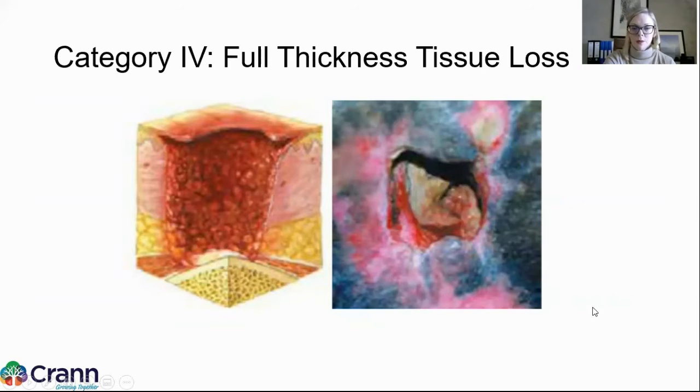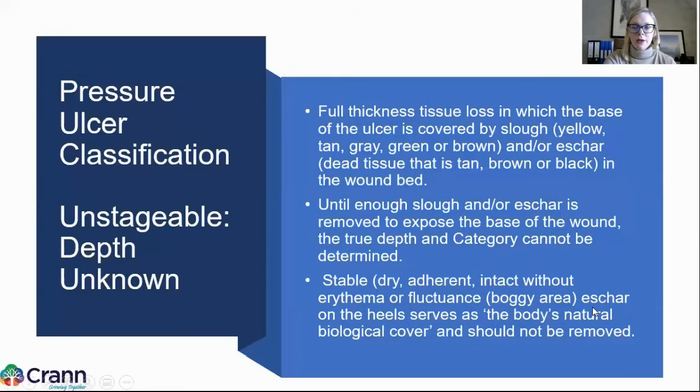When you first see someone with a pressure ulcer, it might be unstageable. So the wound care nurse or the vascular nurse might be unable to tell what level or stage of pressure ulcer there is. There may be too much slough, so it can be yellow, tan, grey, green and brown. As I mentioned, there are different colours it can present with.